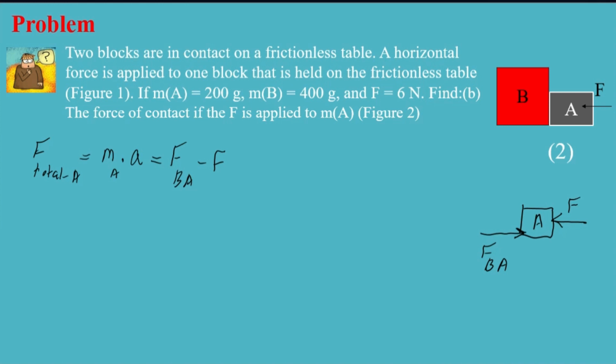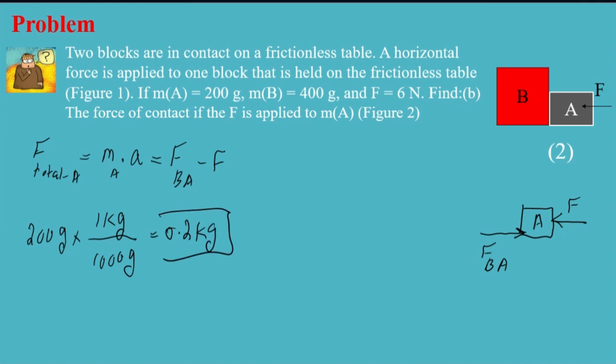Again, let me do the unit conversion. That's going to be 200 grams times 1 kilogram over 1000 grams. So this is going to be 0.2 kilograms.